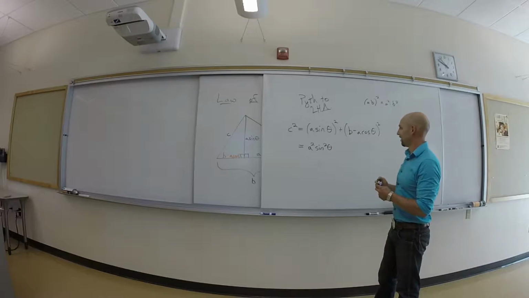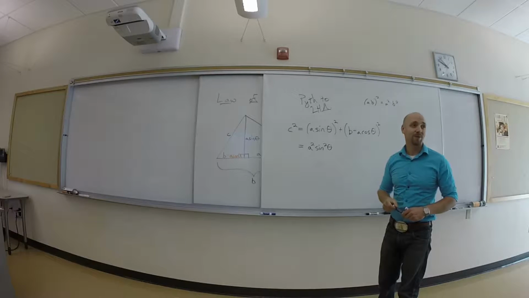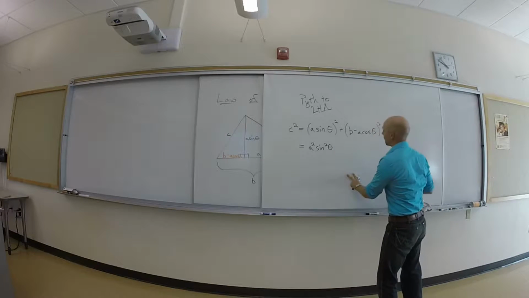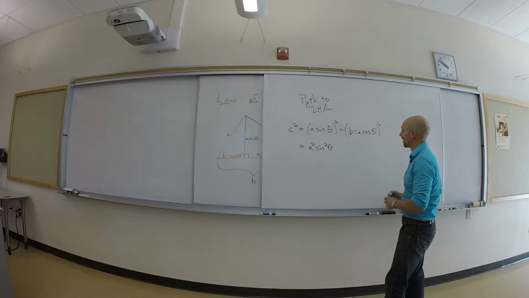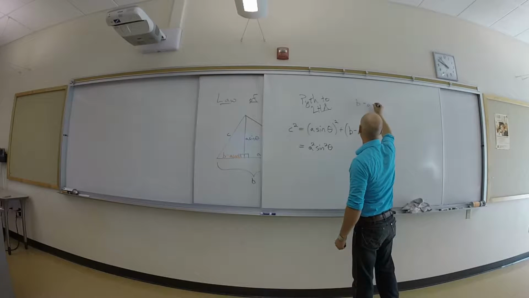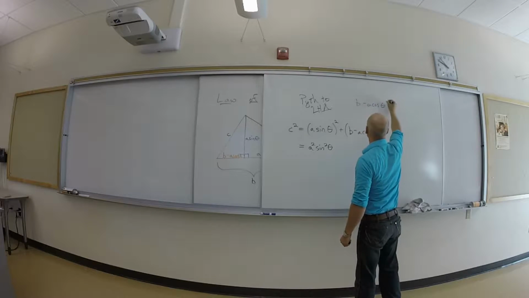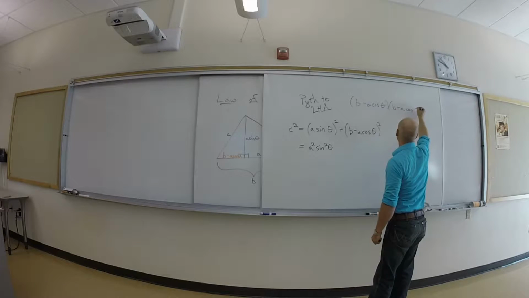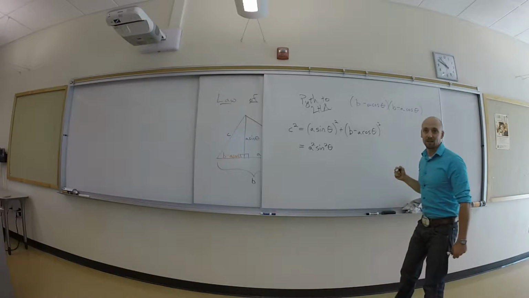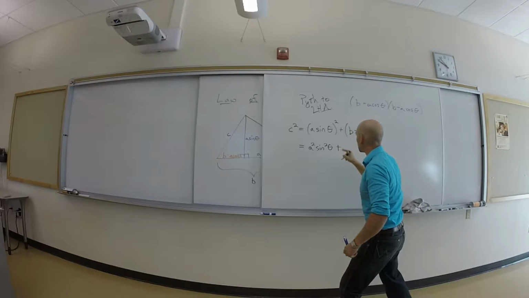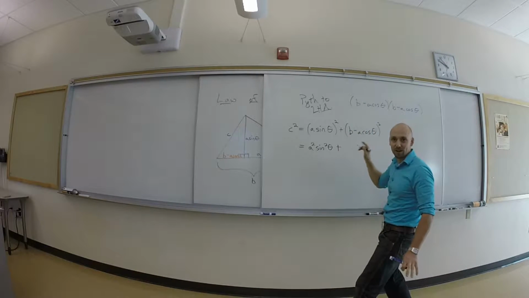So, in fact you have to foil it, right? Okay, so off in the margin I better foil a bit. So I've got B minus A cosine theta times B minus A cosine theta. So B squared minus. Okay, so good thing that I'm adding this so I don't have to distribute any kind of weirdness.